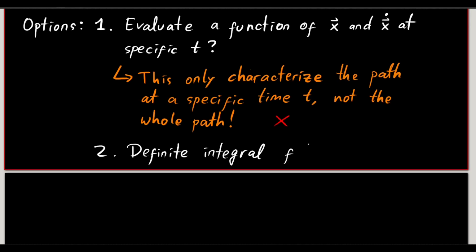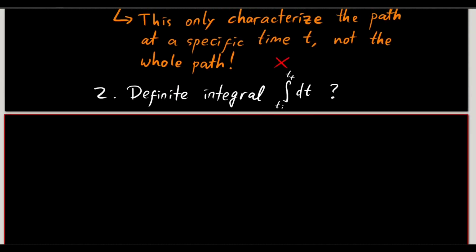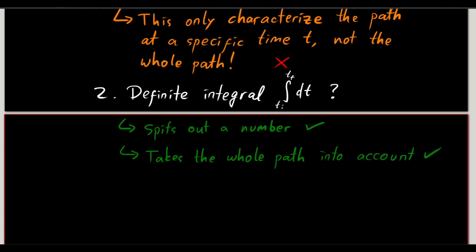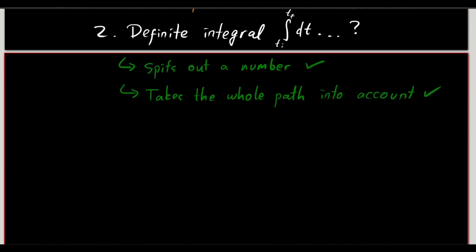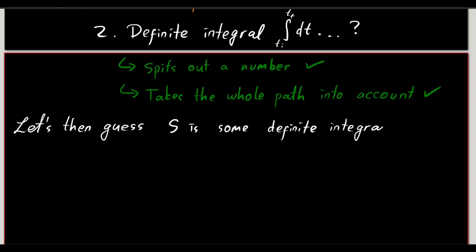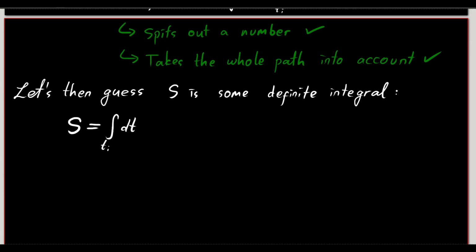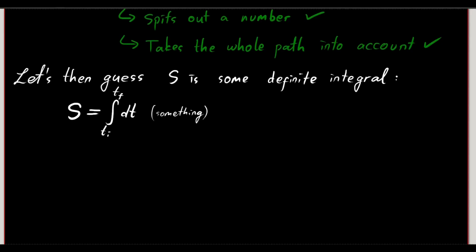So perhaps a definite integral. It spits out a number, yes, after integrating and evaluating, but it also takes the whole path into account, not just one specific point in time. Then let's guess that S is some definite integral dt from t sub i to t sub f of something again.